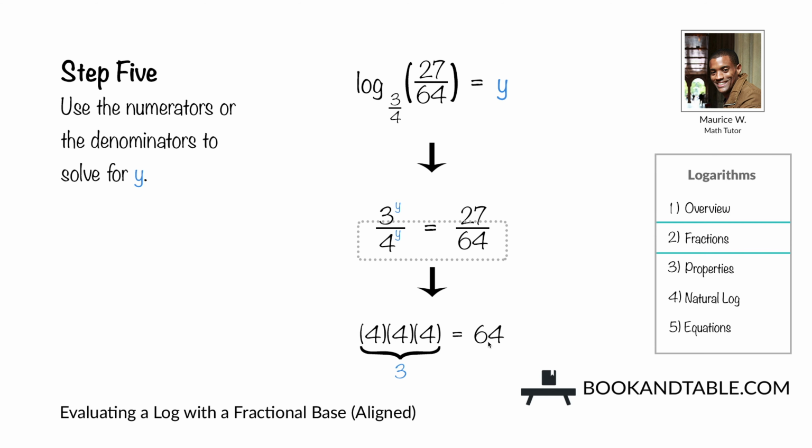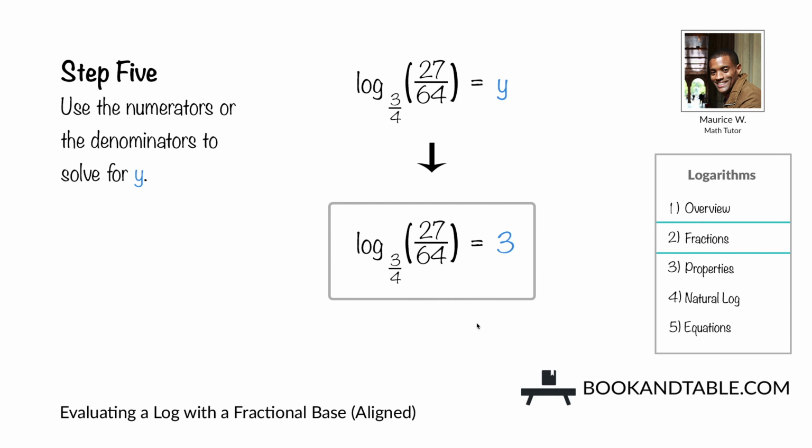So in both cases, we see that y is equal to 3, letting us know that log base 3/4 of 27/64 is equal to 3. So that is how we go about evaluating a logarithm with a fractional base that is aligned with the argument.